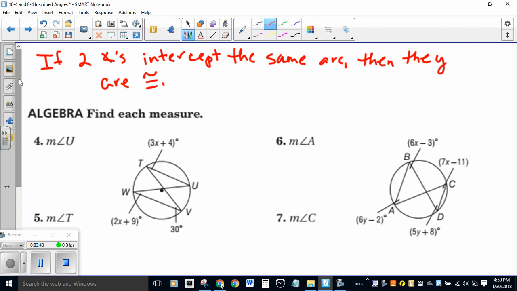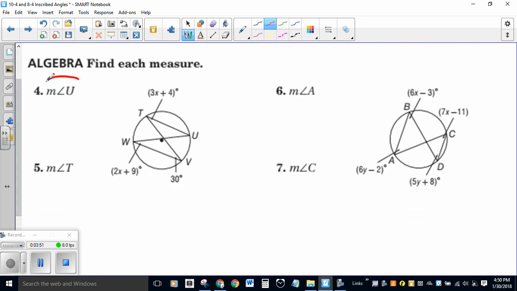So for number 4, for angle U, that means the vertex is here at U. So we're talking about this angle right here, which means that it intersects arc TW.